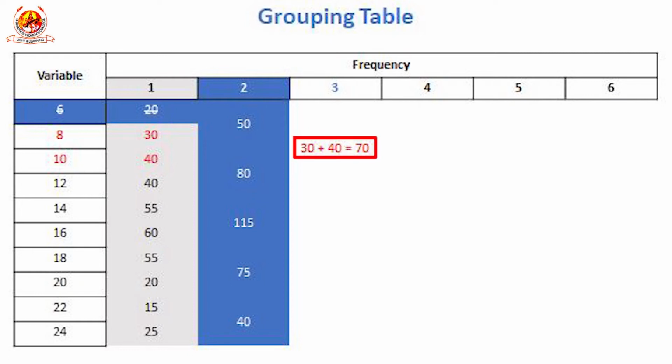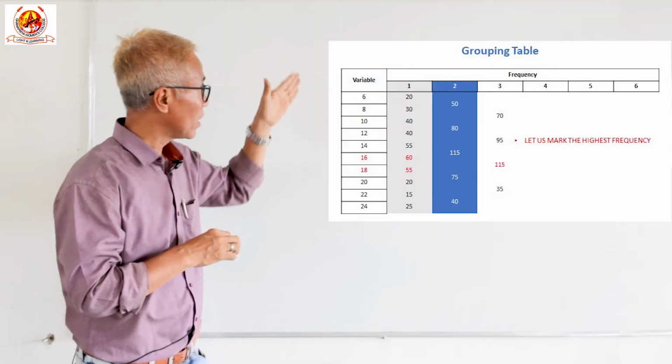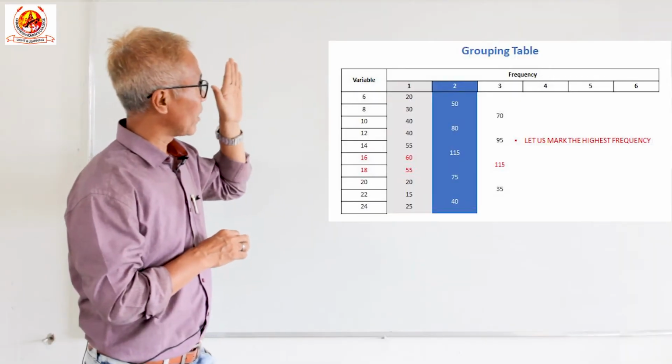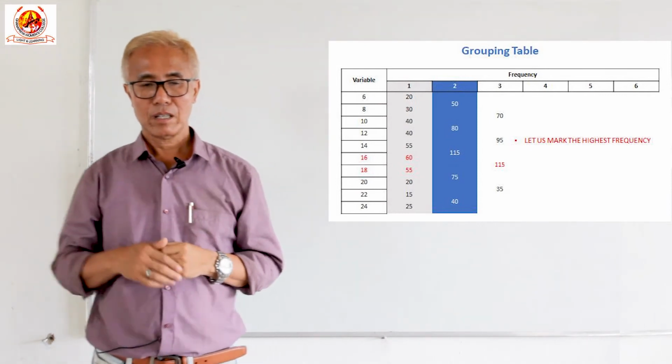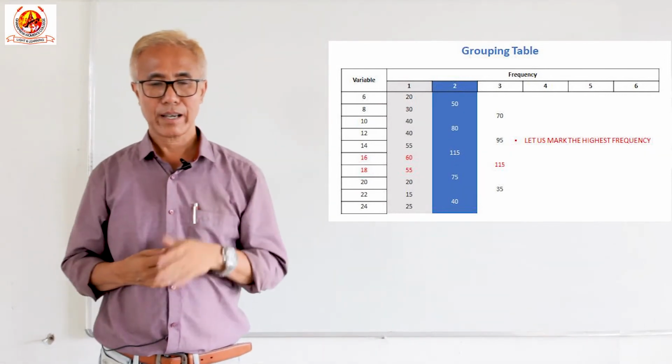Here we also add together two frequencies; the only condition is that we leave off the first row. So second and third, then fourth and fifth, then sixth and seventh, and so on. We add together all the values and put them in the third column. So we have 70, 95, 115 and 35.